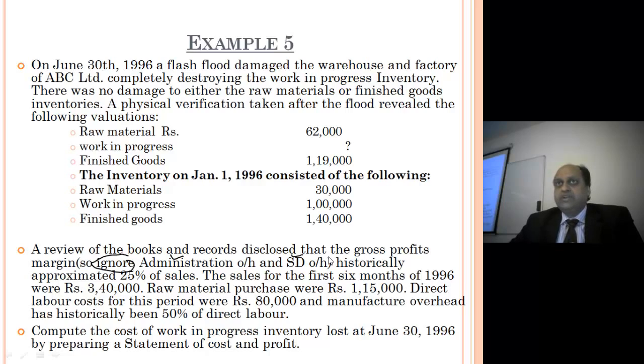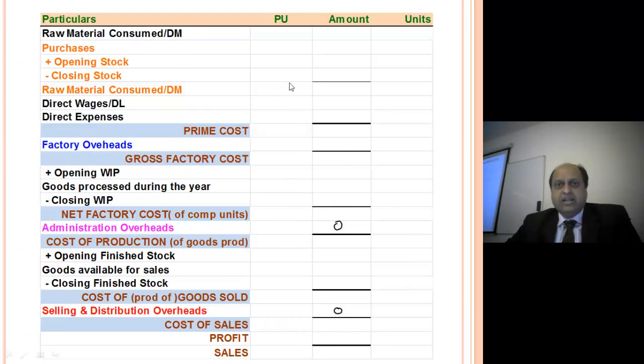Work in progress we need to find, and finished stock is 1,19,000. These are closing balances. 62,000 is for raw material and finished goods is 1,19,000. Is it okay?